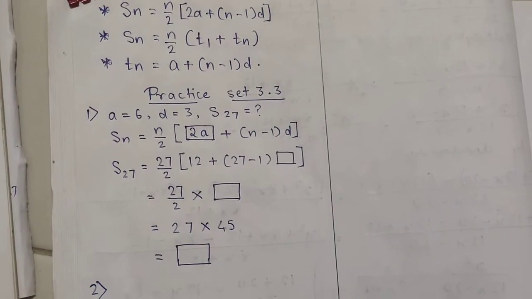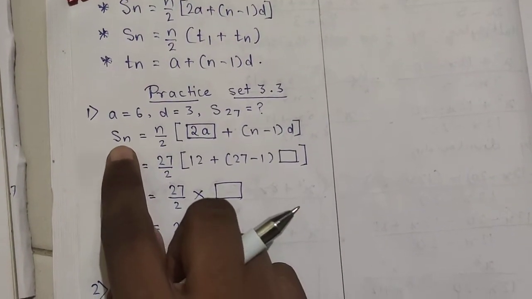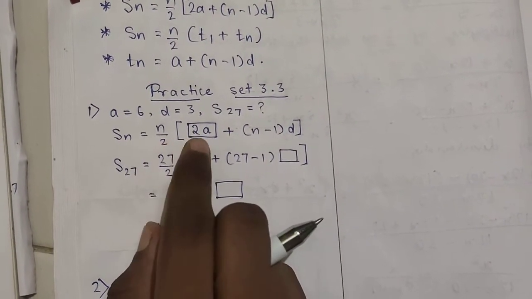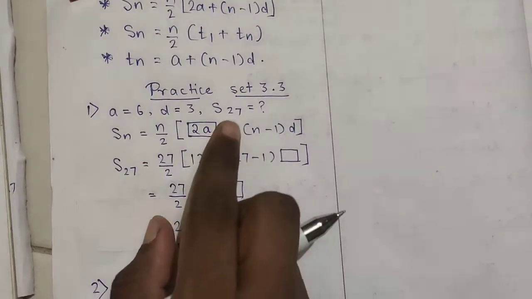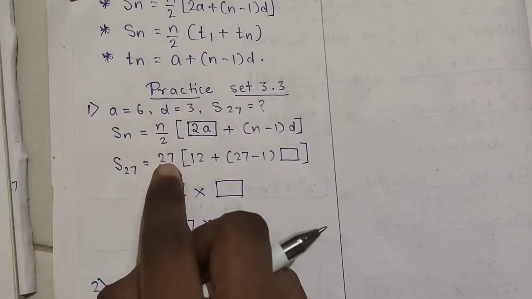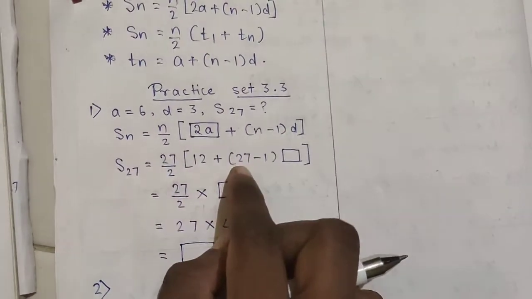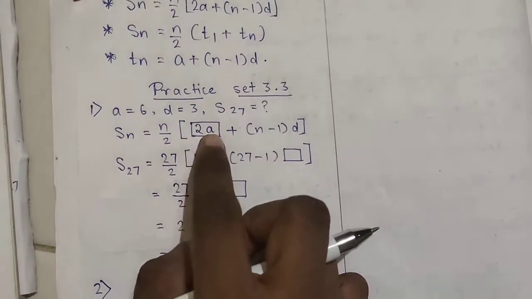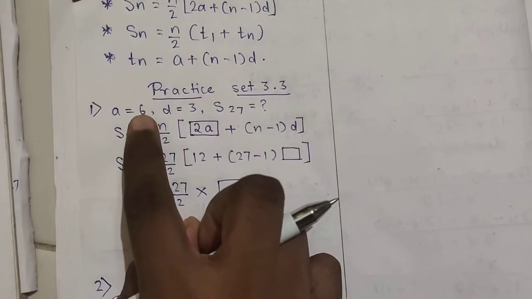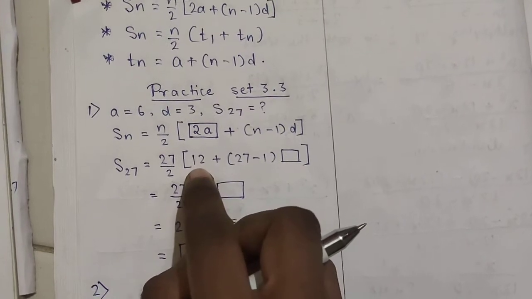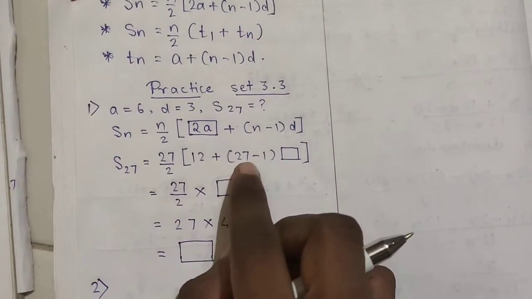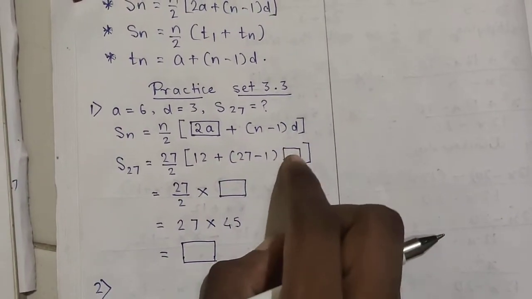Now in the next step they have put in the values of everything. As n is 27, here also you can see n is 27. Then 2a means double of a, so if you double a, that is 2 sixes are 12. So 12 is written here, plus 27 minus 1 into d.